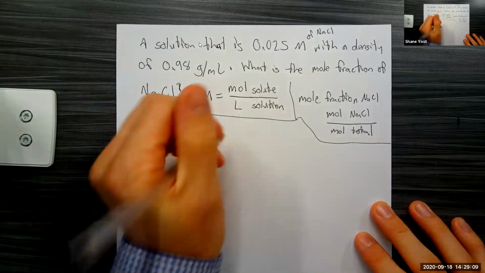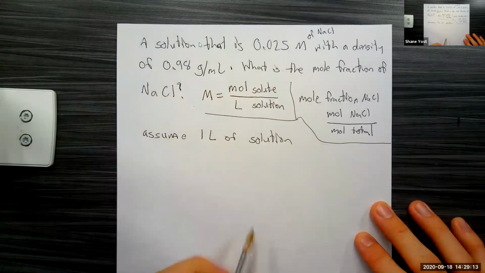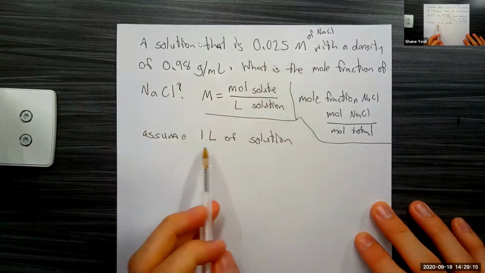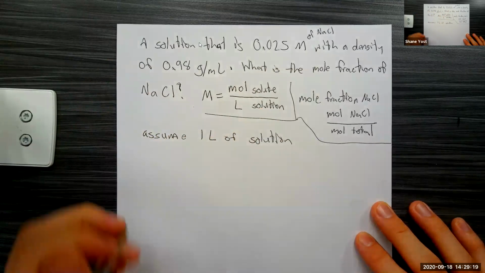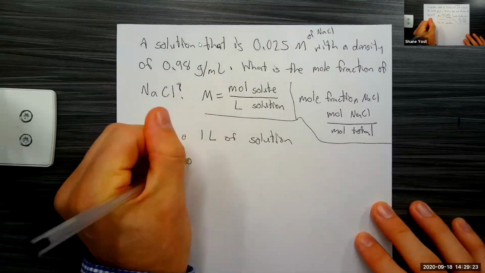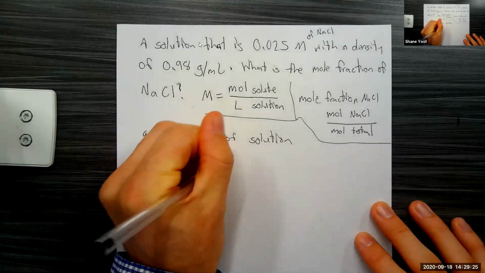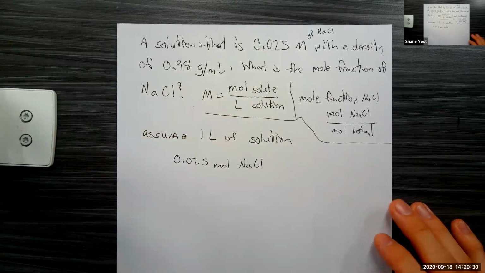So I'm going to assume 1 liter of solution. My molarity tells me that in that 1 liter of solution, I have 0.025 moles of NaCl. So if I assume a 1 liter solution, that means I have 0.025 moles of sodium chloride.